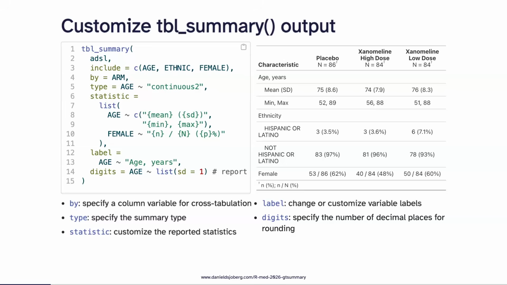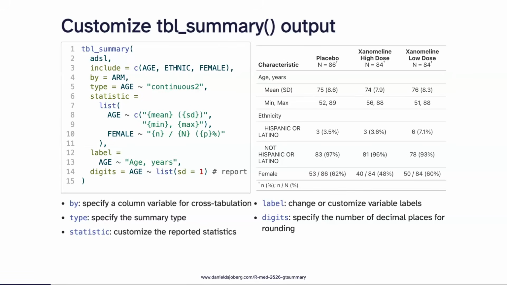But here we want the standard deviation to be to 1 decimal place. So that's why we gave this standard deviation. Now this matches the function name that we're passing up here in the statistic. So it's saying SD equals 1. So you may give me 1 decimal place for standard deviations. All right. So that's kind of the basic syntax that you'll see in gtsummary.